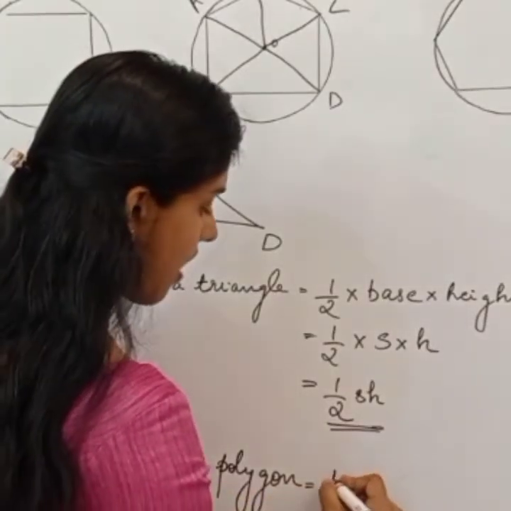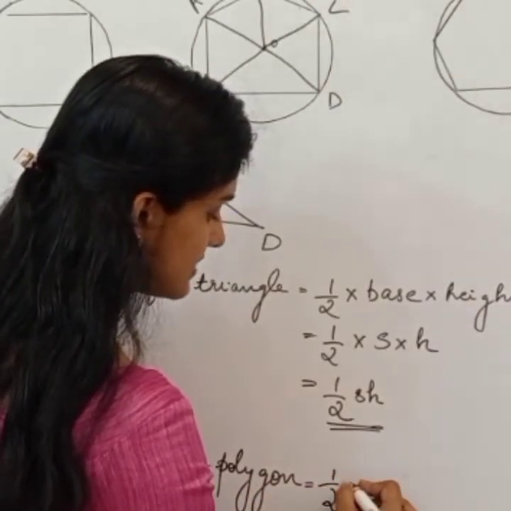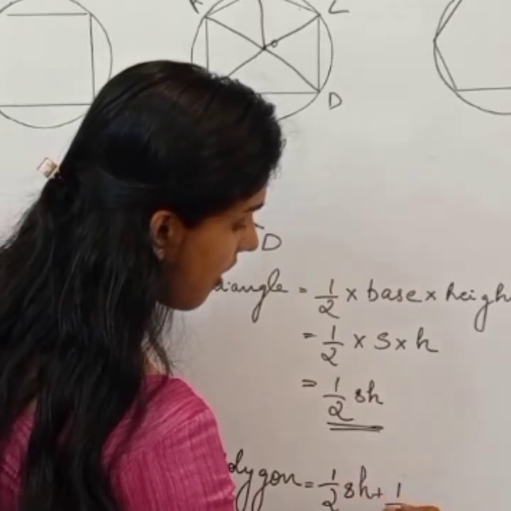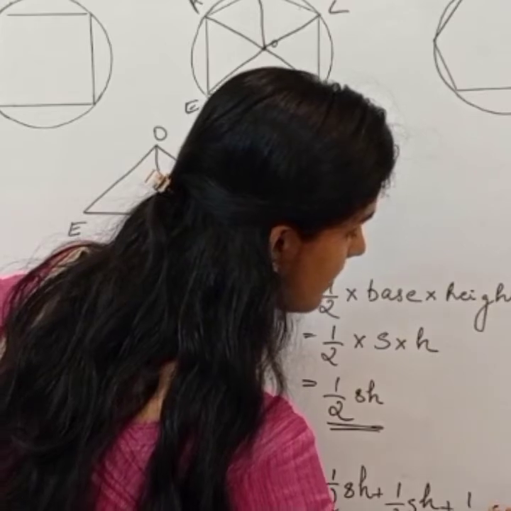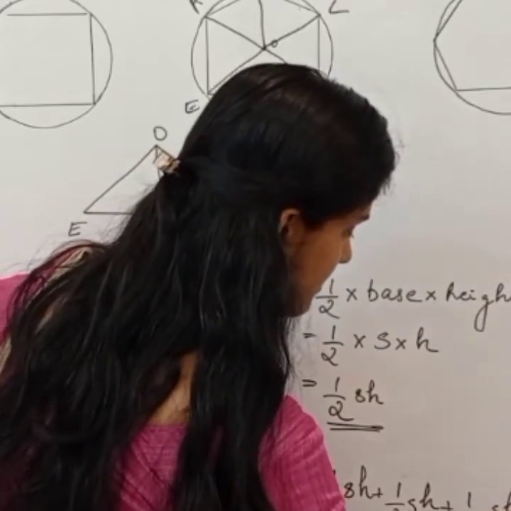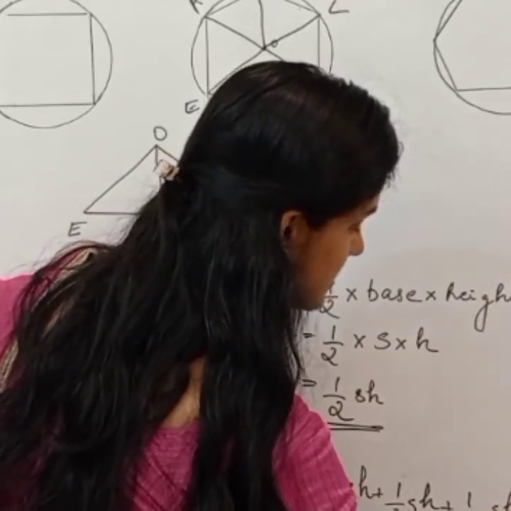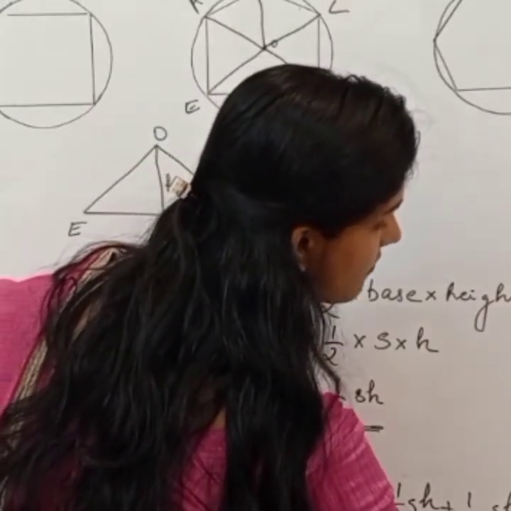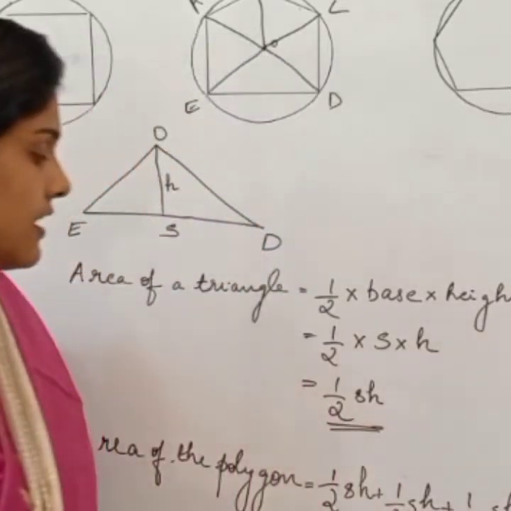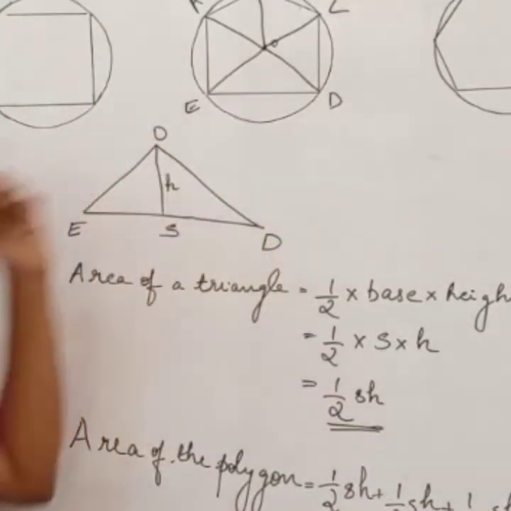That is half sh plus half sh plus half sh, half sh, half sh. Right? This gives you the area of the polygon.